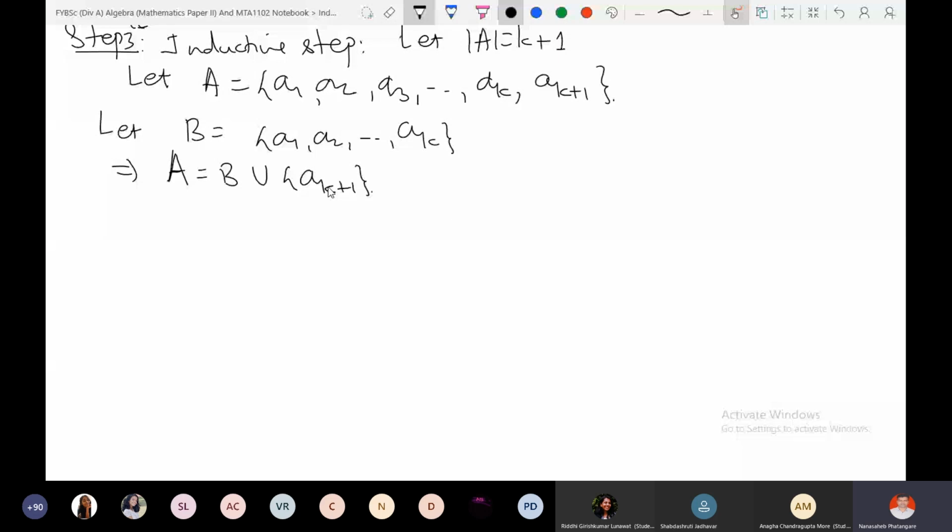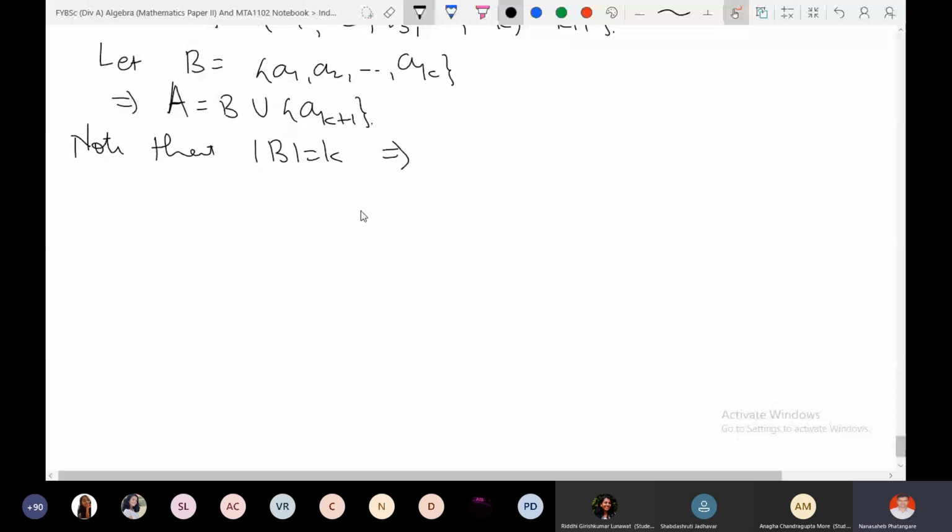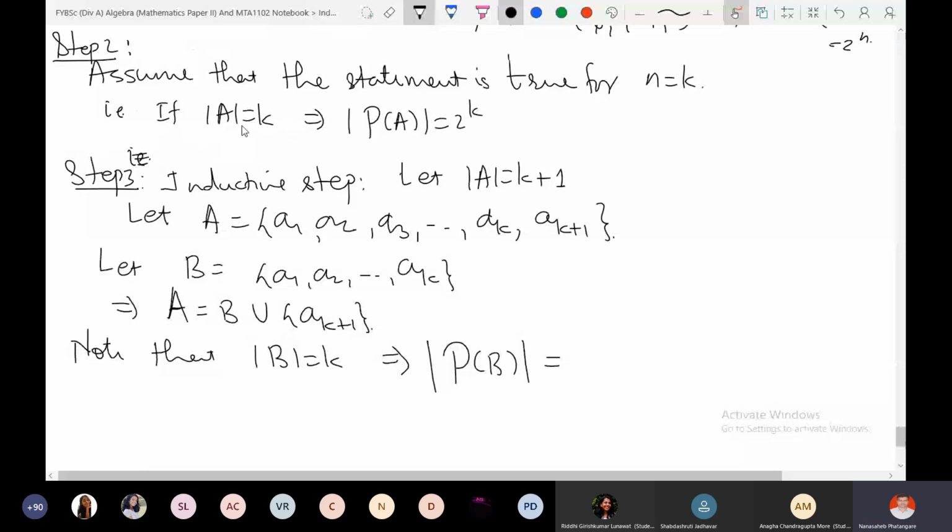Fine. So note that the cardinality of B is K, right? And therefore, the cardinality of the power set of B, the number of elements in the power set of B. By the induction hypothesis, if the cardinality of some set is K, then the cardinality of its power set is 2 raised to K. This is true for K, that we are assuming.